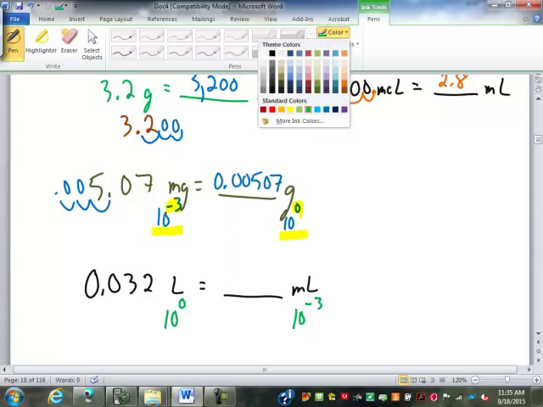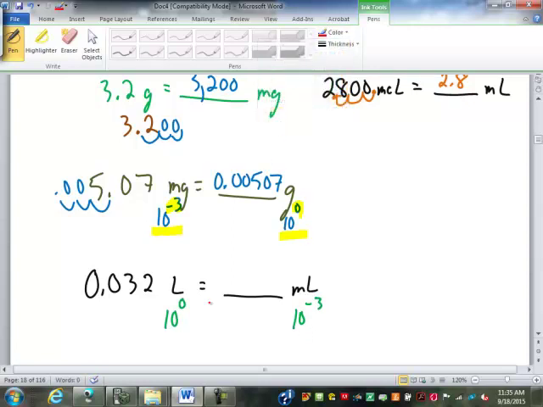Which one is larger? 0. So we're going to a smaller unit. If the unit's getting smaller, the number has to get bigger. By how many place values? Well, from 0 to negative 3 is 3. So we have to go 3 decimal places larger. So 1, 2, 3. That makes that 32 milliliters.